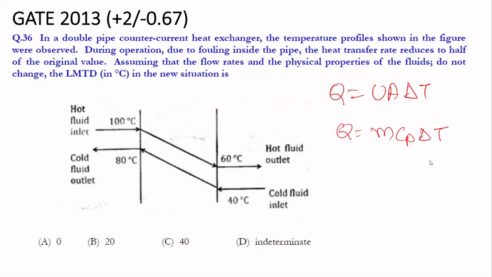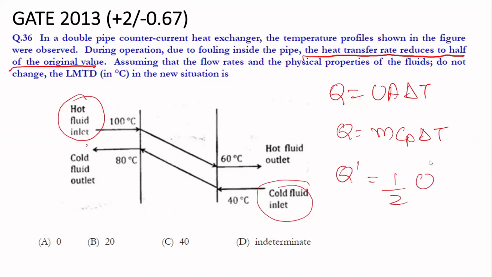Also in the delta T value, the inlet temperatures for the hot fluid and the cold fluid won't change, their outlet temperatures would change. Secondly, it has been said that due to fouling, the heat transfer rate has reduced to half. So if Q was referring to the heat transfer rate before fouling, let's say Q prime is the heat transfer rate after fouling. Now it has to be half of Q.